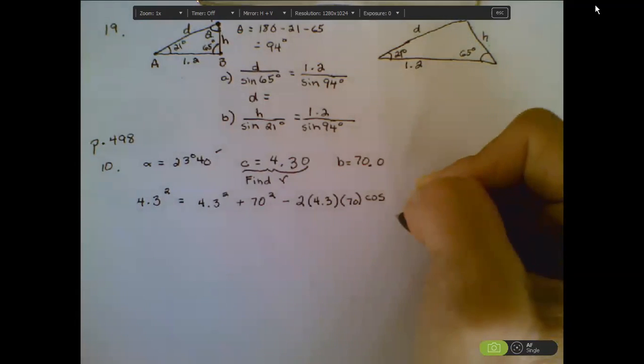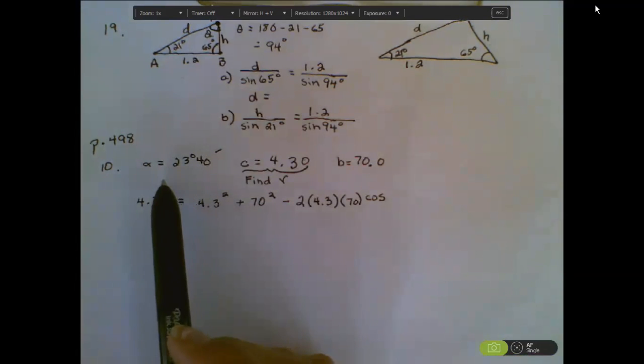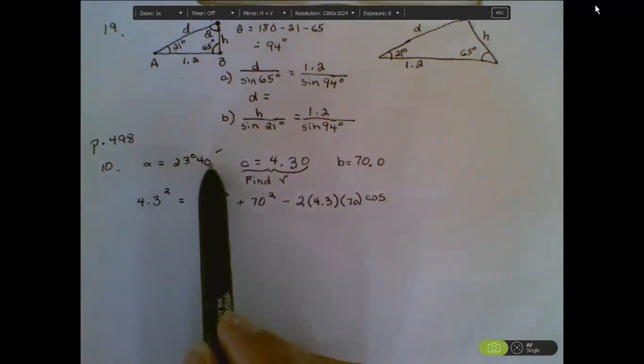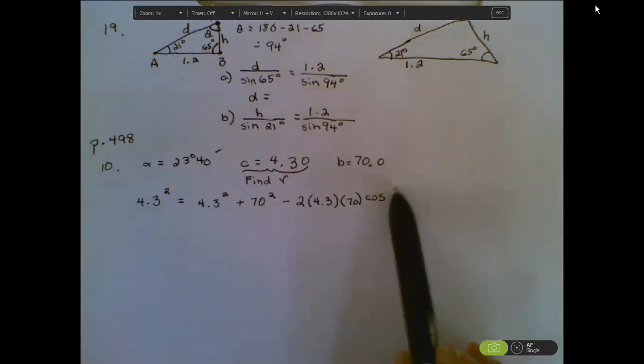What have I just done? Okay. I'm a complete knucklehead, and I'm sorry. If the only angle I know is alpha, then alpha's what's going to have to be right here, because I don't know any other angle I can take the cosine of.